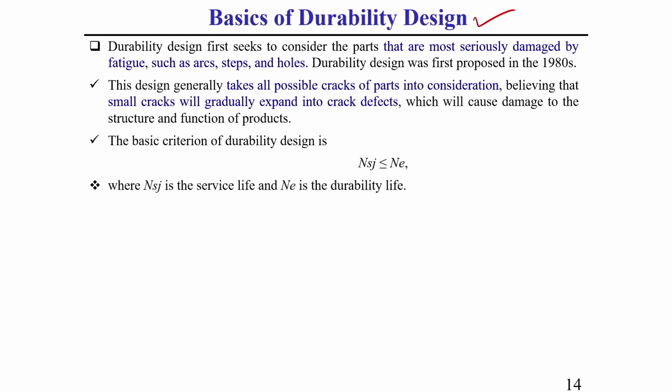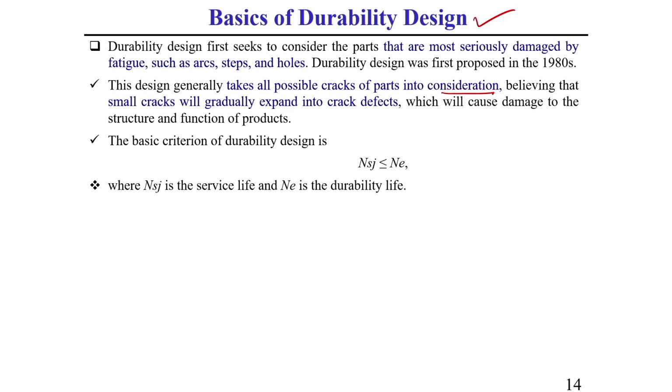After that, from those parts we need to take all possible cracks into consideration. Whatever critical damage locations we first select, in those locations we need to consider all the possible cracks available, from small to large size, believing that a small crack will also gradually expand into crack defects.